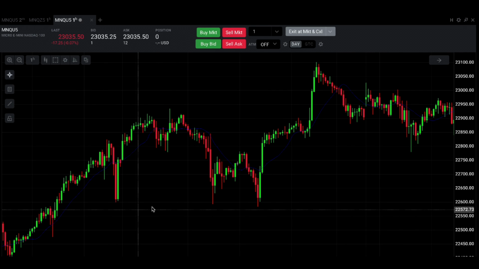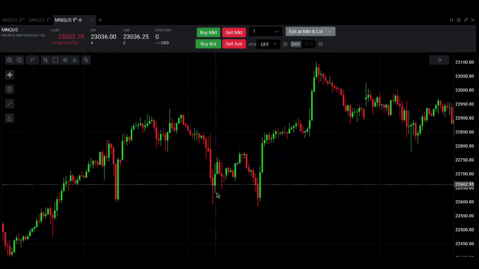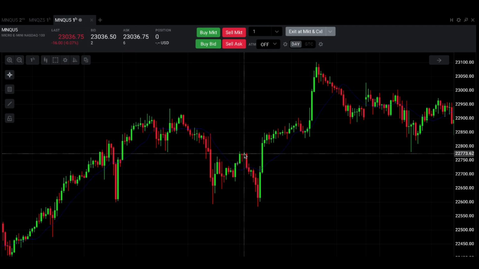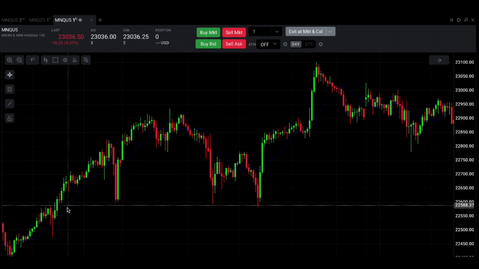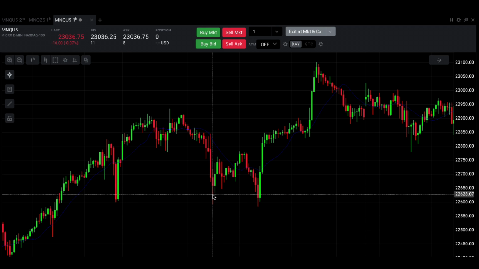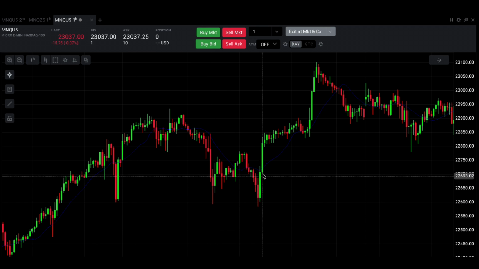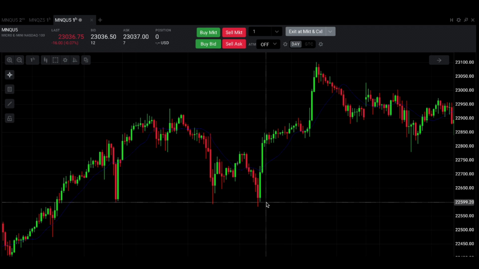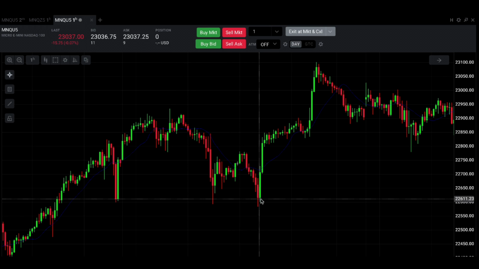Well, we had the pullback stage happen. We had the consolidation stage happen. In an overall uptrend, the price was once again finding buyers and turning around at this 22,600 area. All right, so that's a clear level that we're reacting to, right?